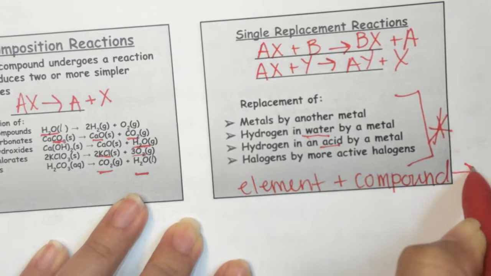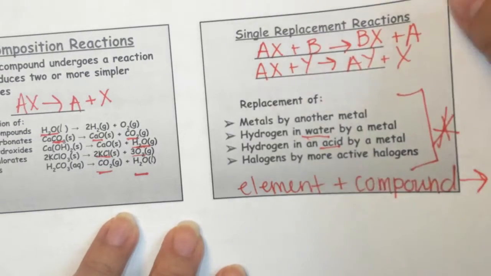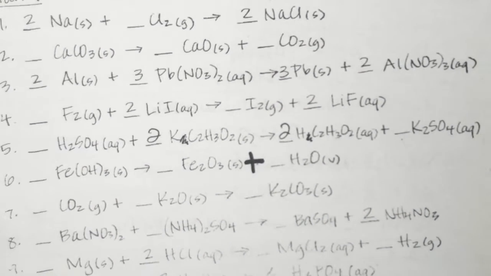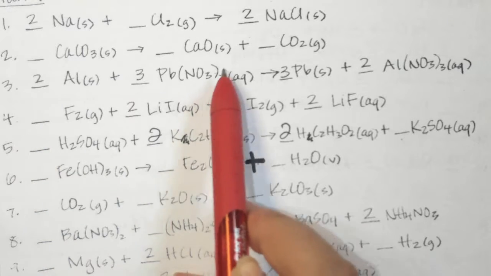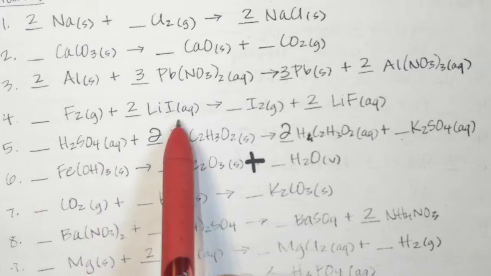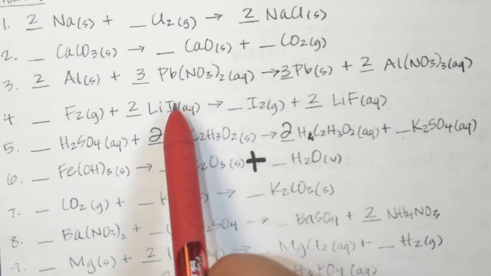That is an indication of a single replacement reaction. Okay, so looking back, number 3 is single replacement. I have one element and a compound, so single replacement. What about number 4? Single replacement. I have one element and then a compound.